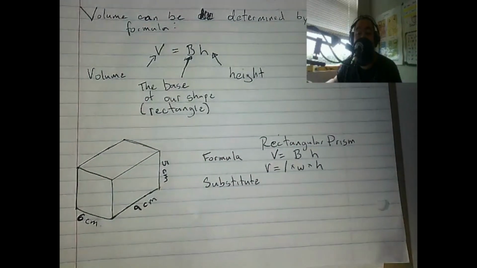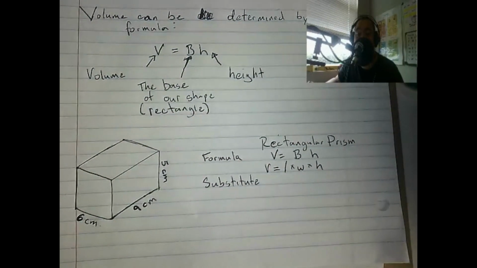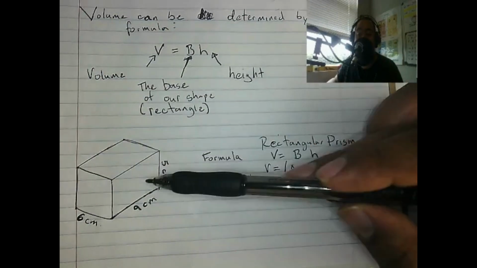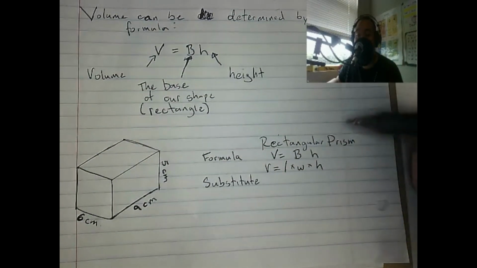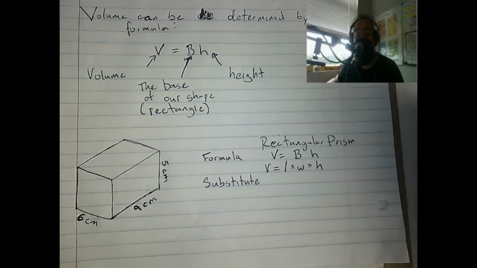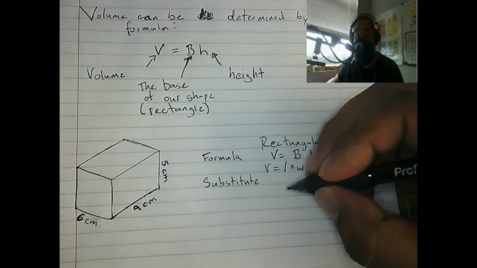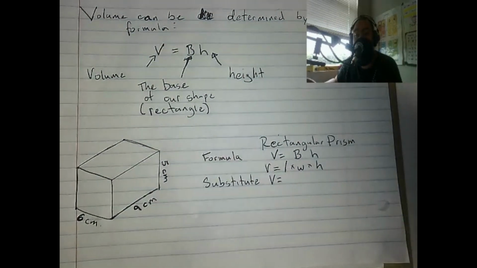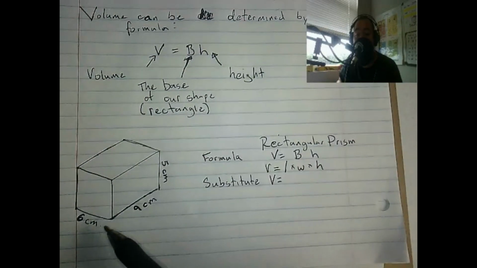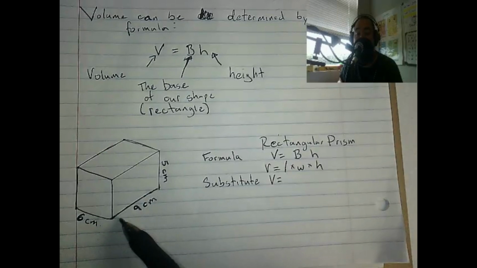So now I'm going to substitute each one of these values from my picture over here for each one of these variables. So instead of saying volume equals length times width times h, I'm going to plug in some numbers. So I'm still looking for volume, so I'm still going to have the letter V. When I'm looking at my rectangle, I always like to think about my length as the long side. So the base, I always like to think is the bottom.